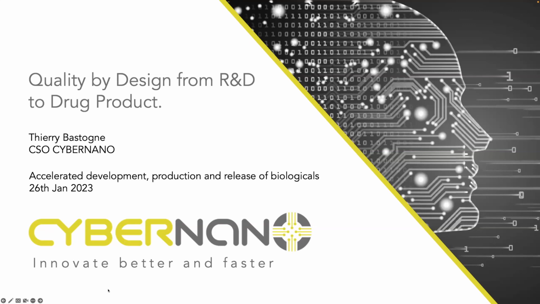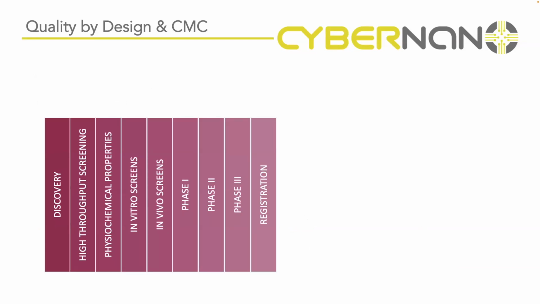My presentation will be mainly focused on quality by design. So I will start by introducing quality by design. Let me remind you of all the classical steps of drug development. Just below, you can see the TRL scale, the technological readiness level, a kind of scale to measure the maturity of innovation.